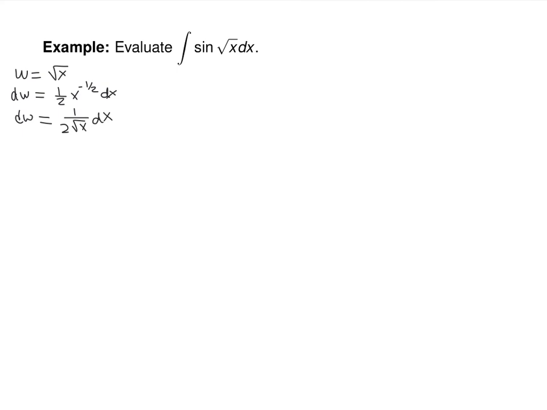And the tricky thing now is you multiply that 2 root x over with the dw. So you got 2 root x dw equals dx. And root x is w. So you got 2w dw equals dx. It's a little bit strange, but that's how it came up.